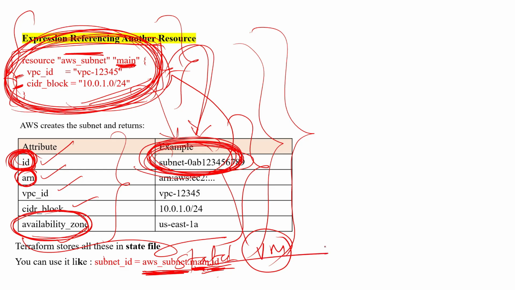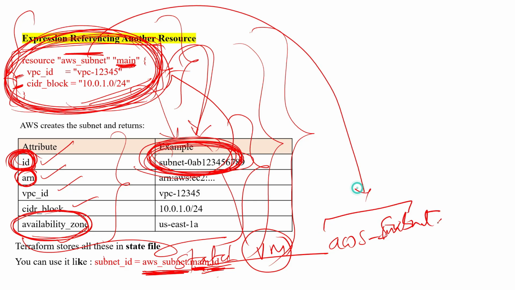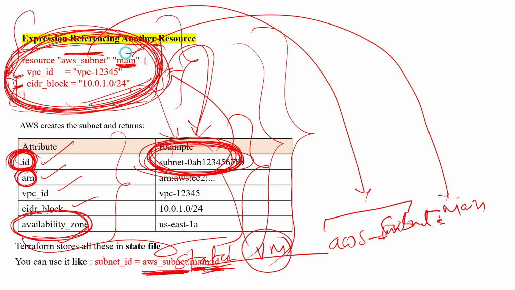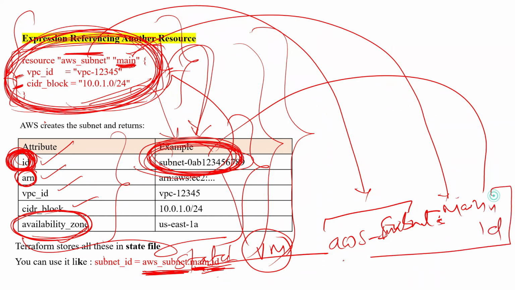Let me write it: aws_subnet, then .main, which is the name of the resource we have given here, and this is the ID that has been returned by AWS once the subnet was created. So in this way, I can fetch the value that has been dynamically created during the execution.